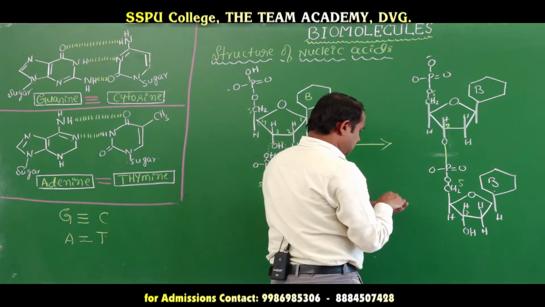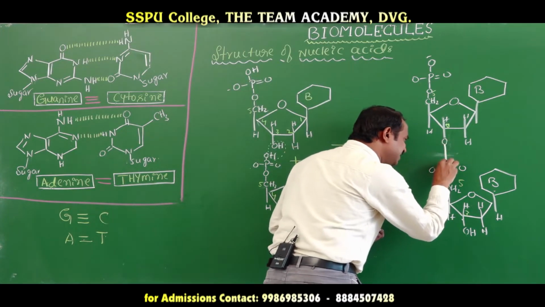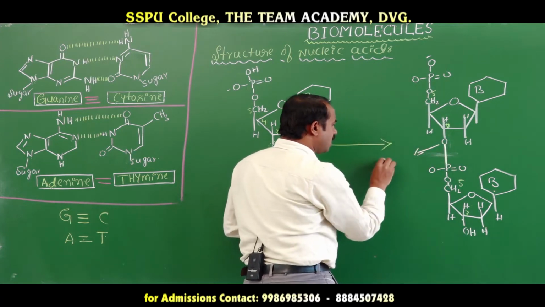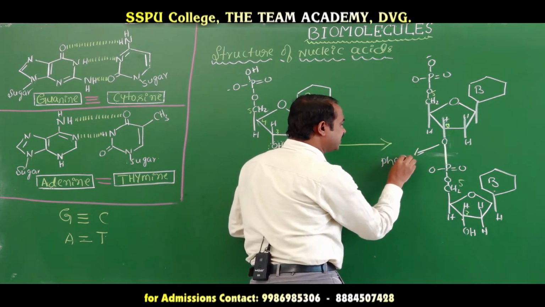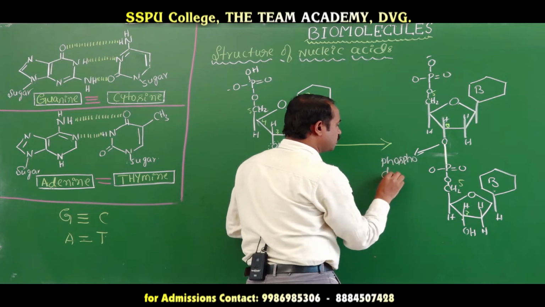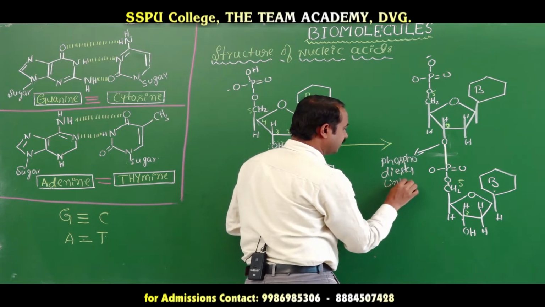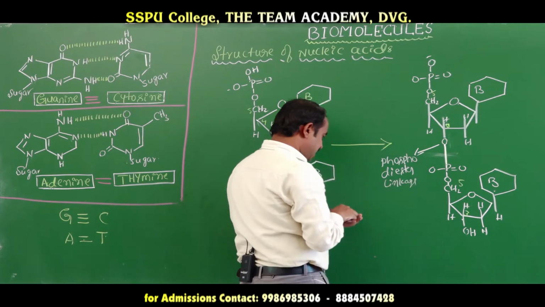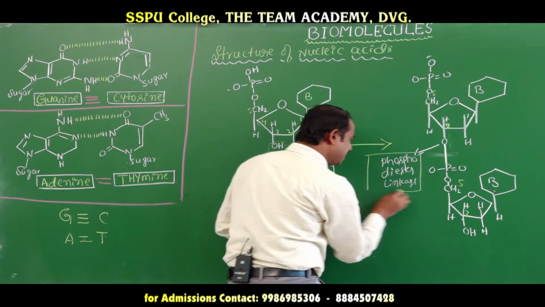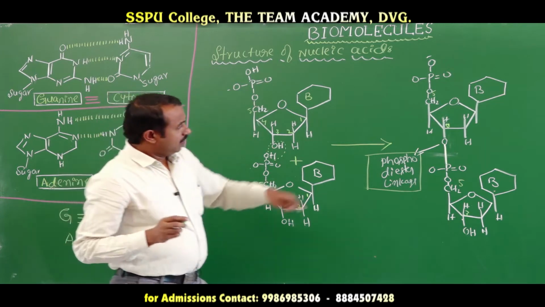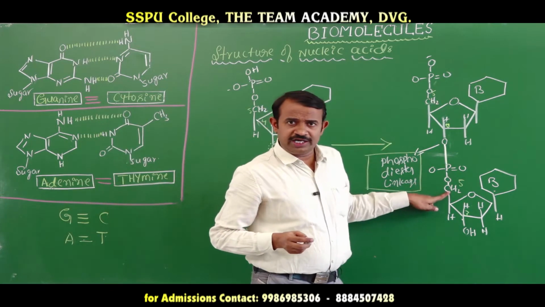This bond linkage is called phosphodiester linkage. This is a phosphodiester linkage between the two nucleotides.